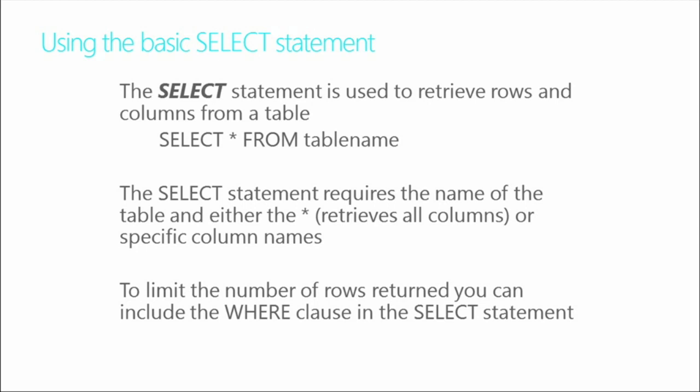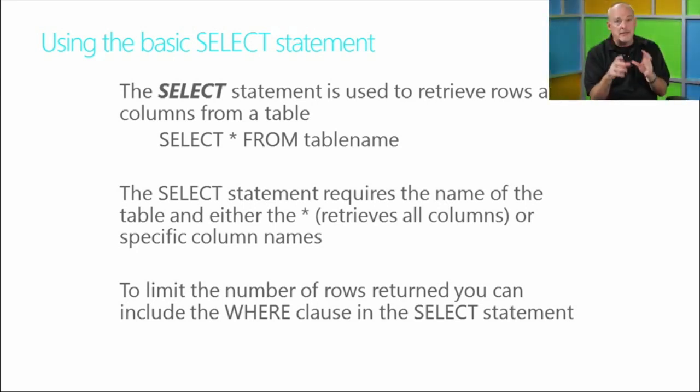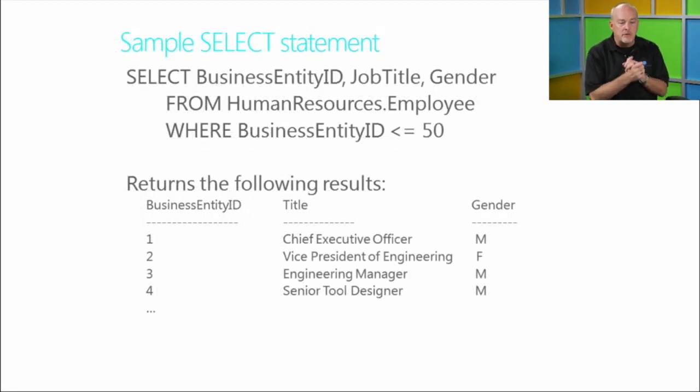Instead of not supplying a where clause, you supply a where clause, and that introduces the criteria that has to be met for those rows. So now you're narrowing your results down both in width and in height, because we're getting only certain columns and only certain rows.